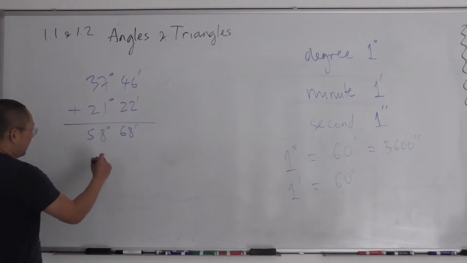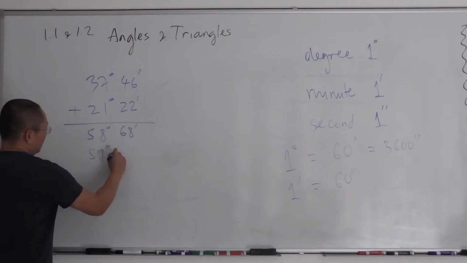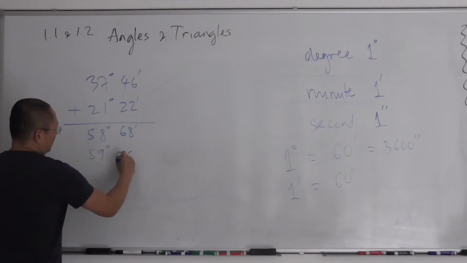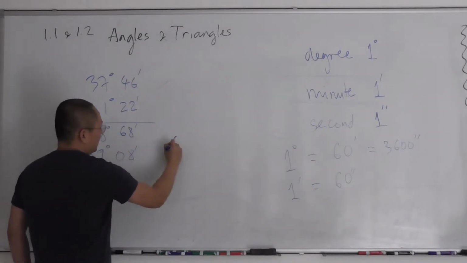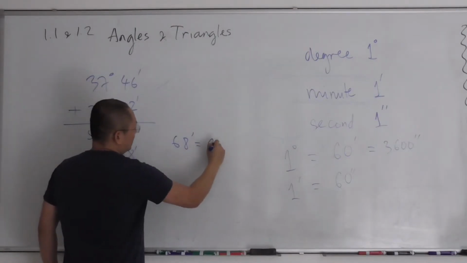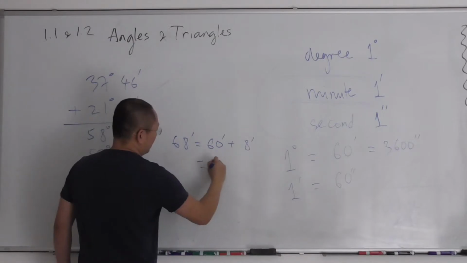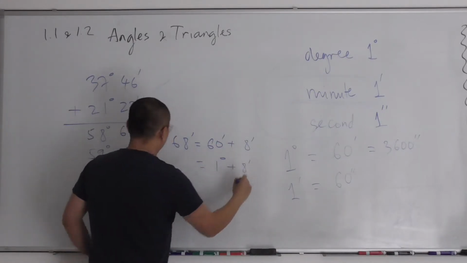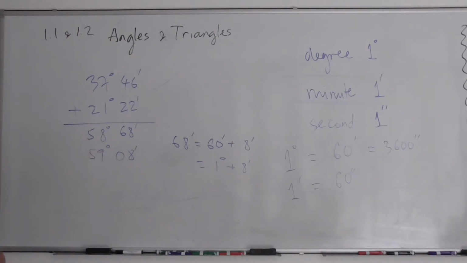So this is the same thing as 59 degrees and 8 minutes. Because 68 minutes is the same thing as 60 minutes plus 8 minutes, which is 1 degree plus 8 minutes. And then 1 degree added to the 58, you get 59.